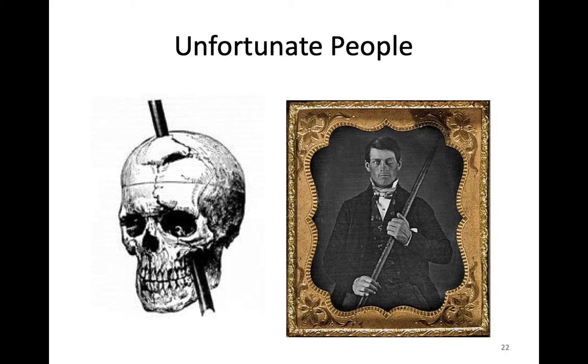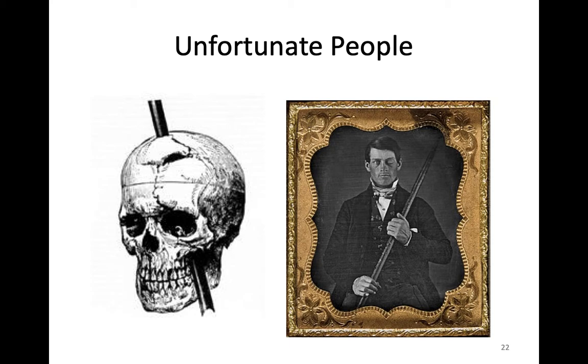But the people that knew him before the accident and then afterwards said that he was changed very much. His left frontal lobe was destroyed, you can see here. And people that knew him said that his personality changed. He became more angry, aggressive, irritable, and his behavior changed as well.